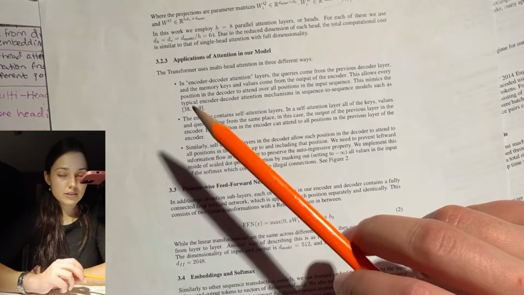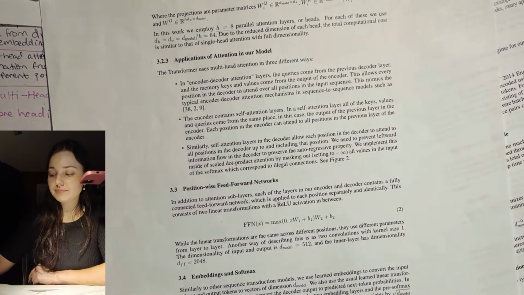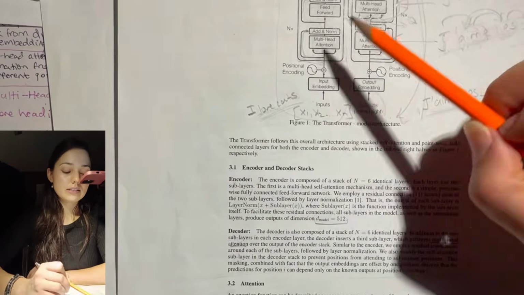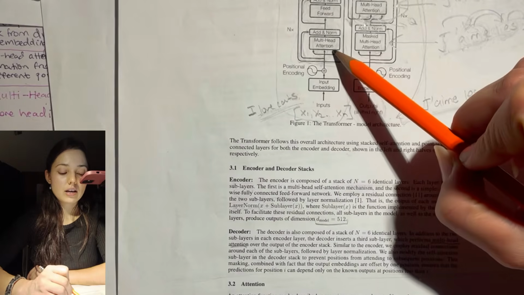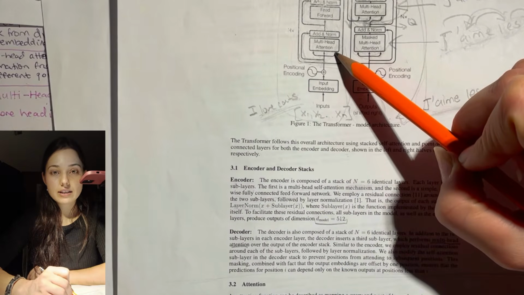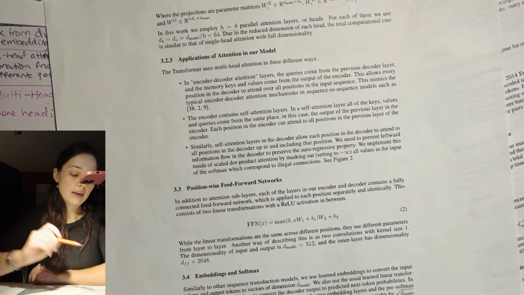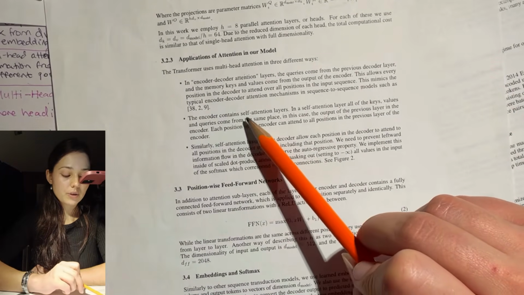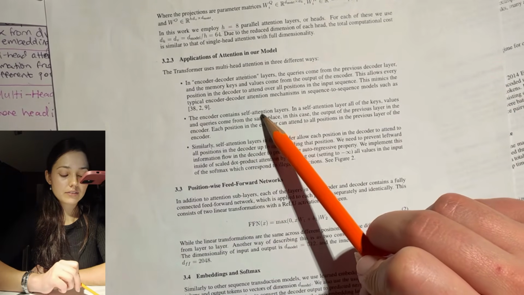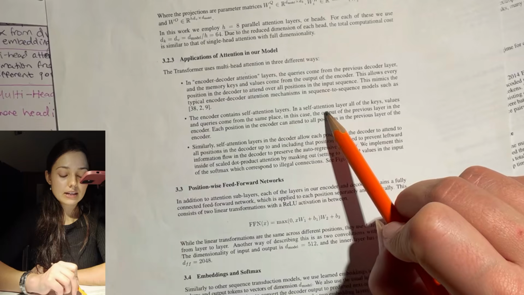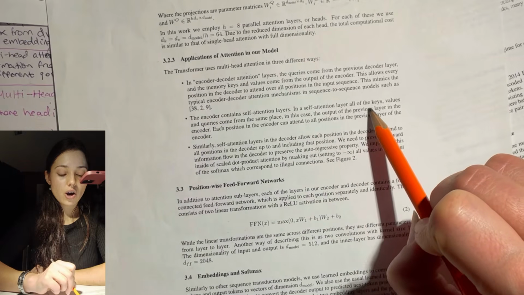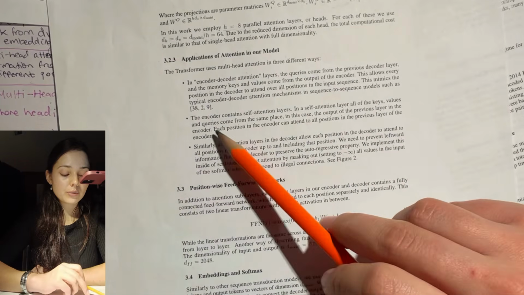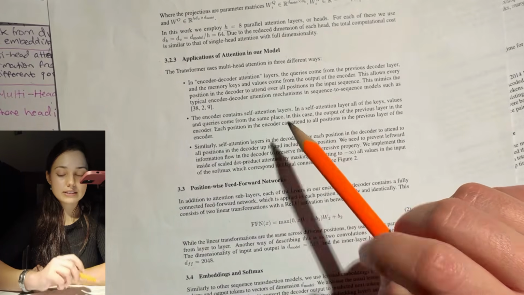The encoder, so now we're on to the second one, in the encoder. That's this one, which is a non-masked multi-head self-attention. In the encoder, we contain self-attention layers. In a self-attention layer, all of the keys, values, and queries come from the same place.